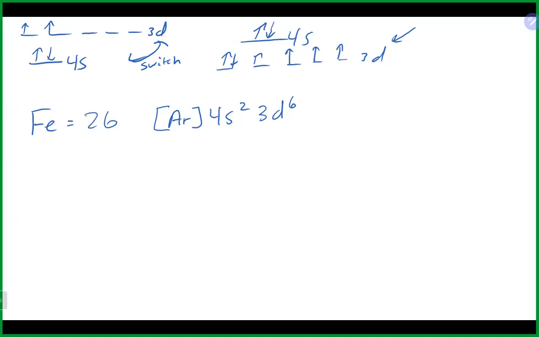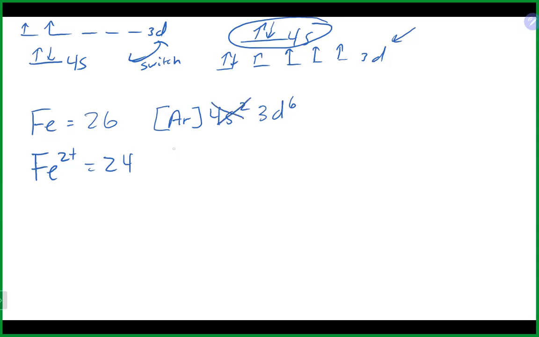So when iron becomes something like a +2 charge, it actually will now have 24 electrons, right? Because it lost 2 electrons, is why it's +2. Because there was a switch in energy, which happens with all transition metals, electrons are always lost from the highest energy level, which in this case is actually going to be the S. So even though we put them in the D at the end, now that they have switched, the S is higher in energy, and we will actually lose these electrons first.